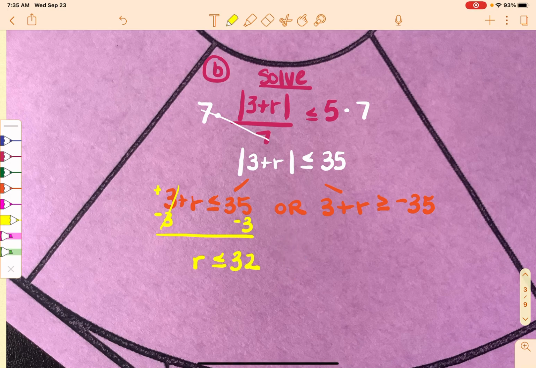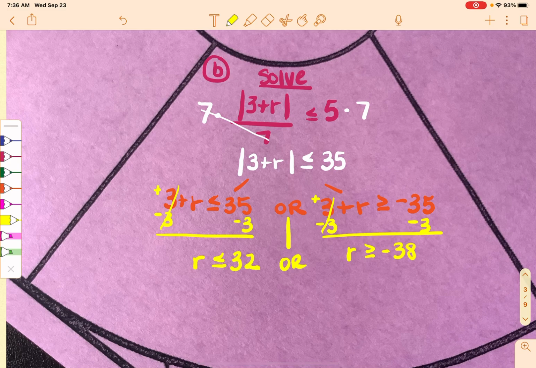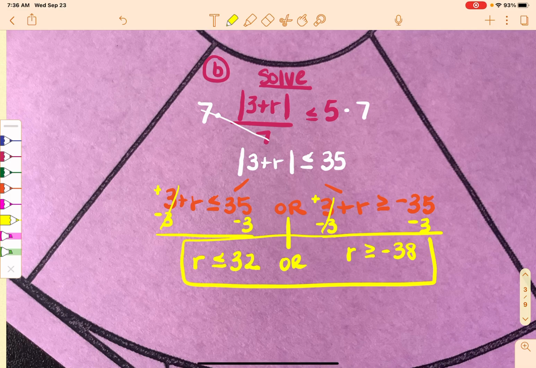Let me adjust this line a little bit. Now the same thing's going to be true over here. To get rid of that 3, because it's a positive 3, I'm going to subtract 3. -35 minus 3 is -38.